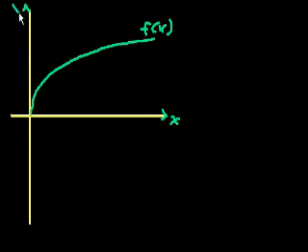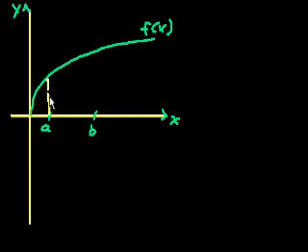This is our y-axis. And we already know that if we wanted to figure out the area under this curve between two points, we could do it between any two points. Let's say this point A and this point B, and we wanted to find this area. I'm drawing everything crooked today.